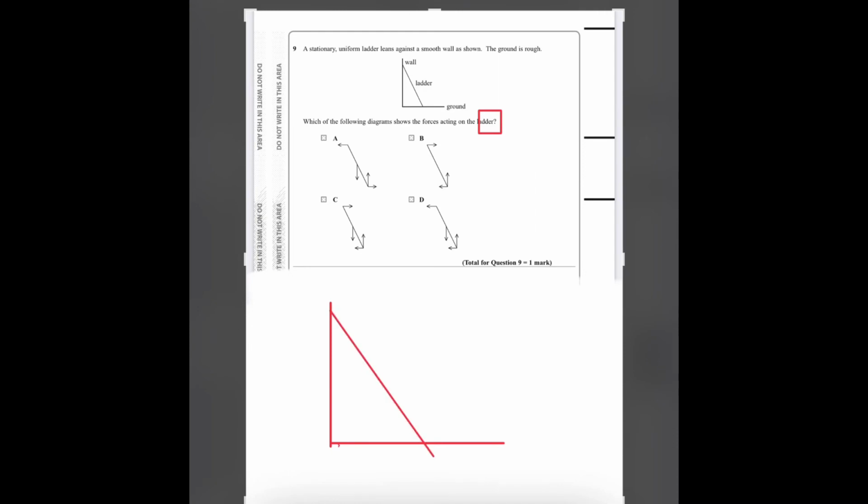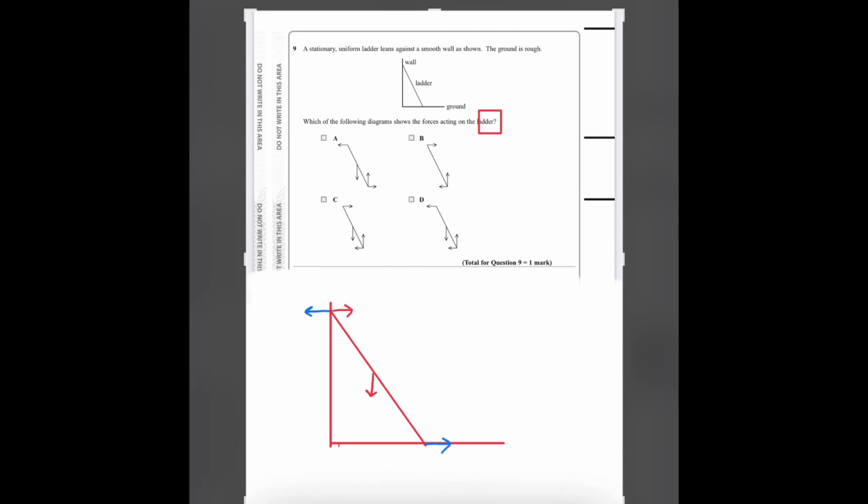The ladder is exerting a force on the wall in this direction. Due to Newton's third law, the wall will be exerting an equal and opposite force on the ladder in this direction. Similarly, there is a weight of the ladder downwards, and the ladder will be pushing on the ground in this direction.